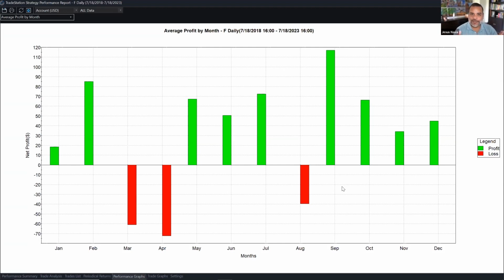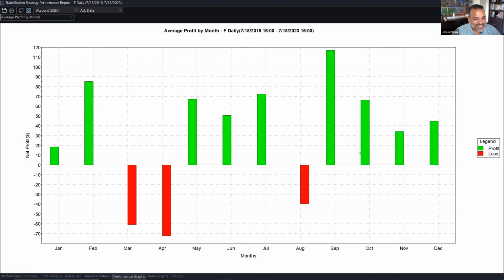Do we stop the trade in April? Could we have exited in May and then entered again at the beginning of June? Whatever the situation is, the good thing is that you have a lot of information about what the strategy is doing and when it is doing it.